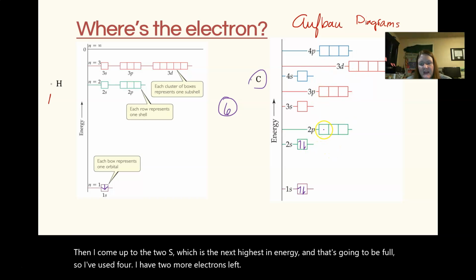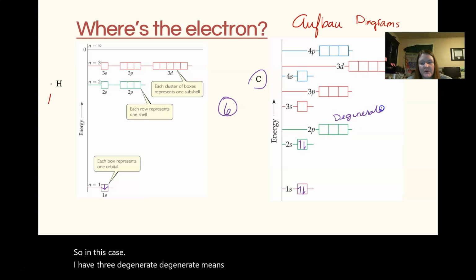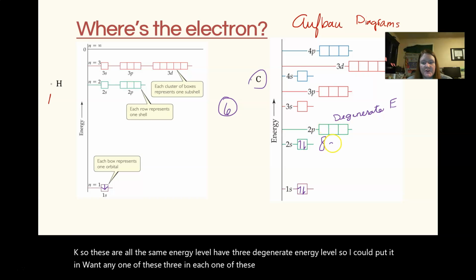So in this case, I have 3 degenerate orbitals. Degenerate means the same energy levels. So these are all the same energy level. I could put the electrons in any one of these 3, and each one of these represents different shapes, right?